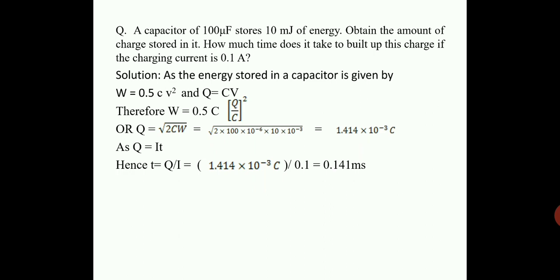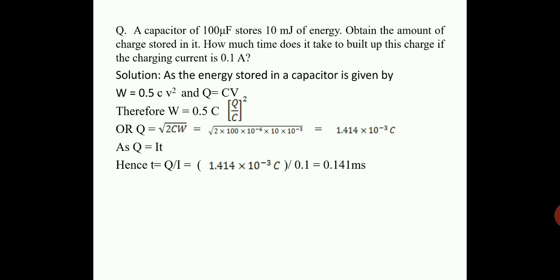Let us discuss one example. Here the question is, a capacitor of 100 microfarad stores 10 millijoule of energy. Obtain the amount of charge stored in it. How much time does it take to build up this charge if the charging current is 0.1 ampere?